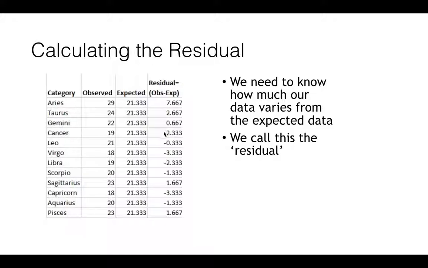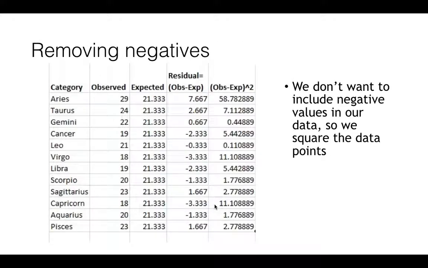Obviously you're going to get some negative numbers where your observed value is less than your expected value, and that's fine. We're going to deal with that in a minute. So this is called the residual. Once we've calculated that for all of our categories, we then square that number, and that gets rid of our negatives. So whatever number you have here, you square it.